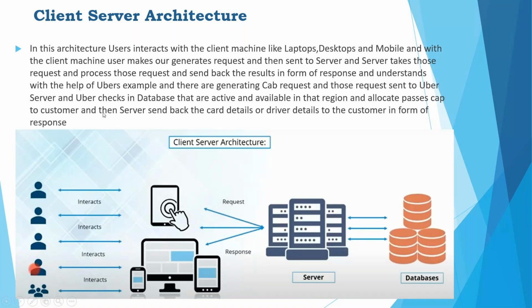Uber checks in the database which cabs are active and available in that region, allocates a cab to the customer, and the server sends back the car details or driver details to the customer in the form of a response. Uber is following Node 100%. They redesigned the architecture and are following Node. So whenever you raise a cab request, this is how it happens in the background.